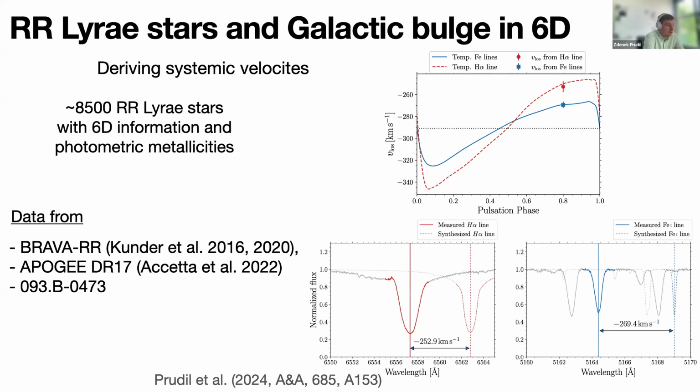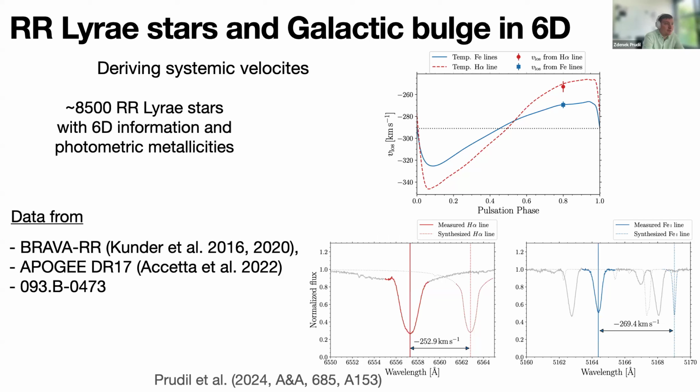The one that we used, and that we actually developed prior to this project, works with scaling relations and line-of-sight velocity templates. These can be developed if you have a well-populated sample of RR Lyrae stars that have fully covered the pulsation cycle with spectroscopic measurements, and then you can create these templates and scaling relations. It also depends which lines you use, because the lines you measure the radial velocity from come from different depths.